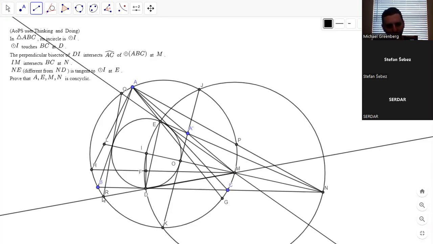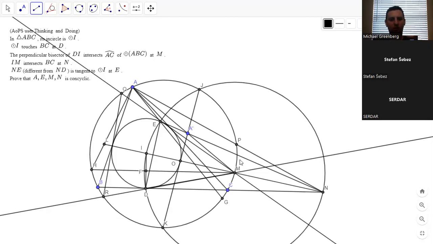Yeah, and now you can see that this is a kind of known problem because we just have an incircle and the circumcircle, like the circle with center M which passes through I. That is a problem I have seen before. I think it has a solution with inversion.